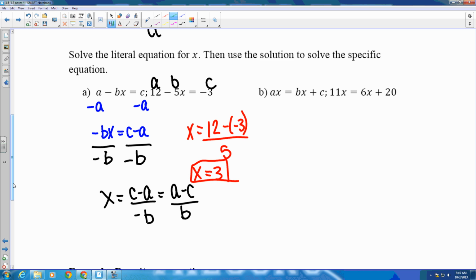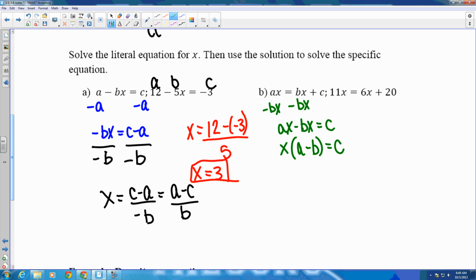Okay, next one. We need to get the x terms alone on one side because we have x terms on both sides. So I'm going to subtract bx from both sides. Ax minus bx equals c. We then need to factor out the x, I'm sorry. A minus b equals c. So it's the same thing that you would do if a and b were numbers. You would just subtract a and b.